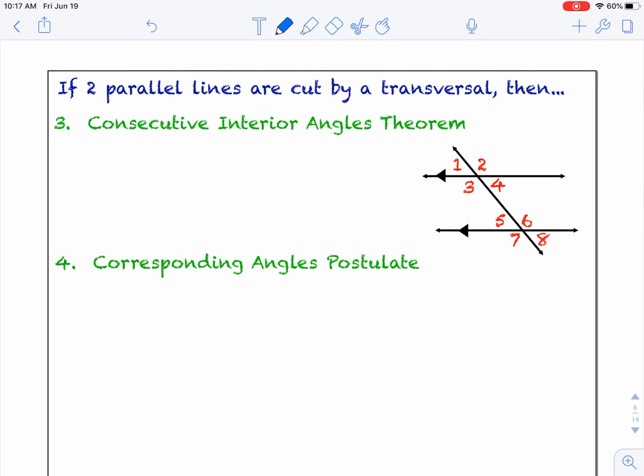So what about the other two angle pairs we learned about? Well, turns out that the corresponding angles will also be congruent. So the corresponding angles postulate, and remember, postulates don't have to be proven. They're accepted without proof.